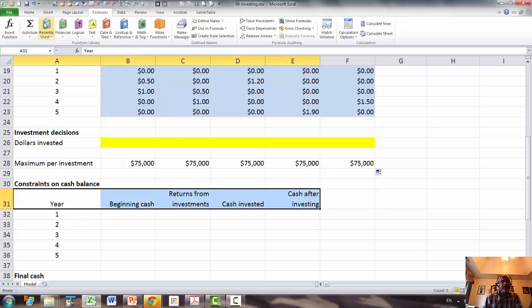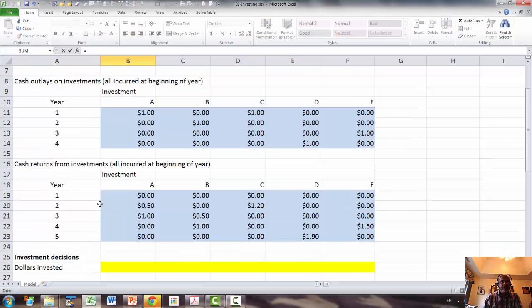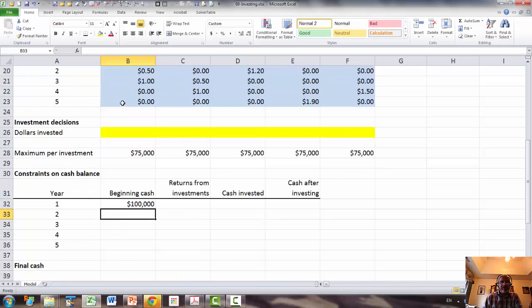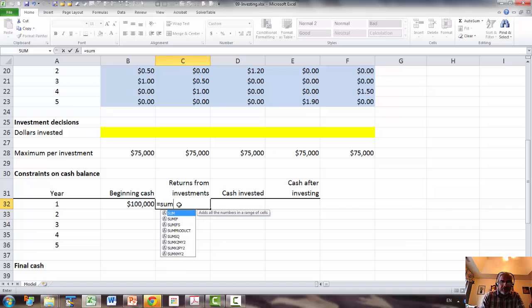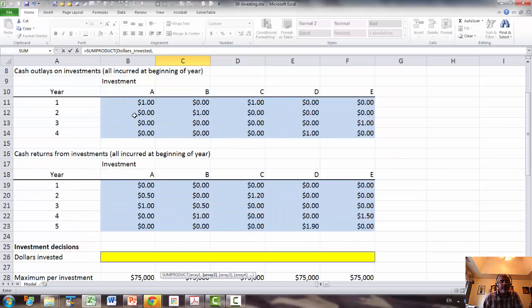Now let's look at the cash position. The beginning cash for year 1 is that. So that's the amount of cash that we have at the beginning of year 1. Now return from investment would be a product of the dollars we're going to invest with the cost here.